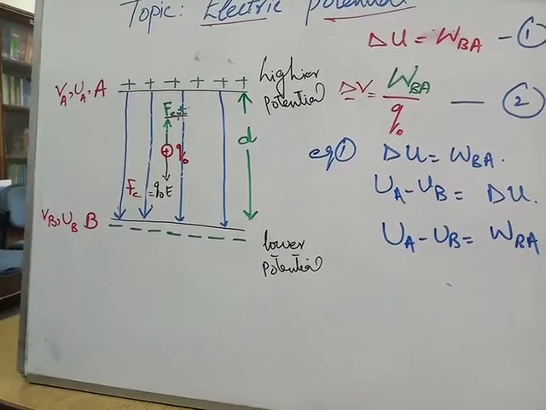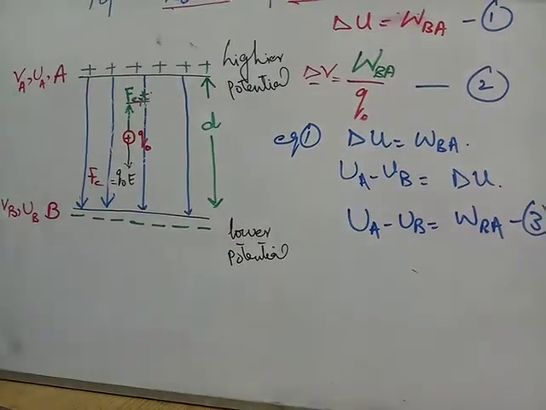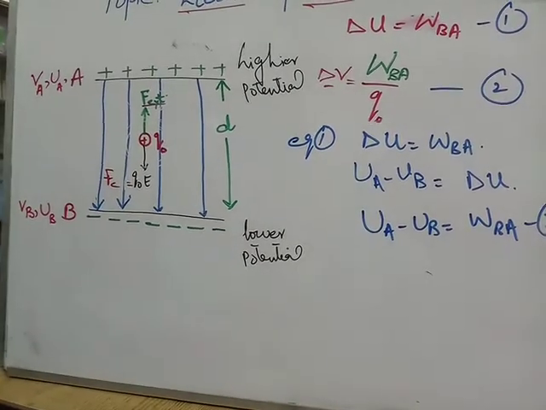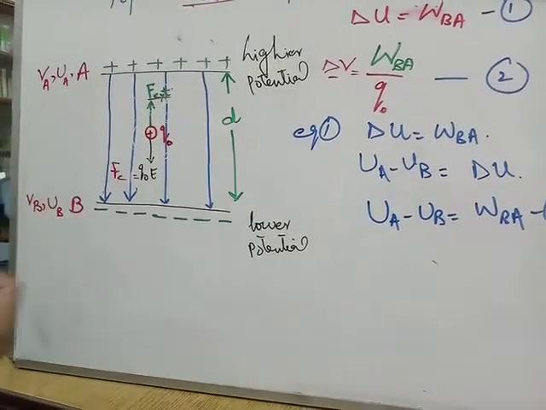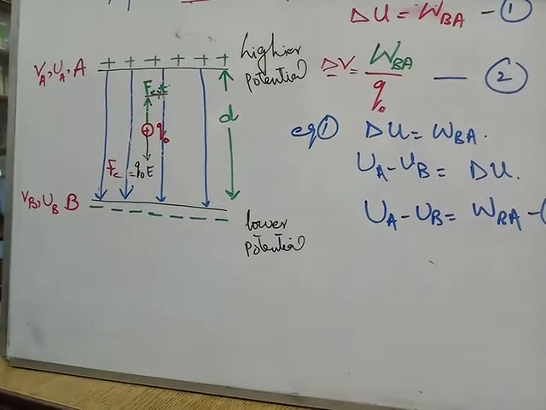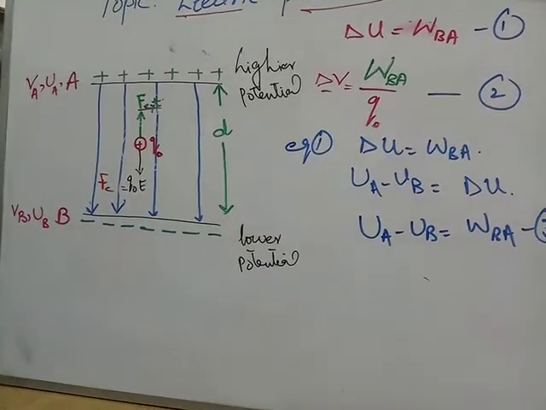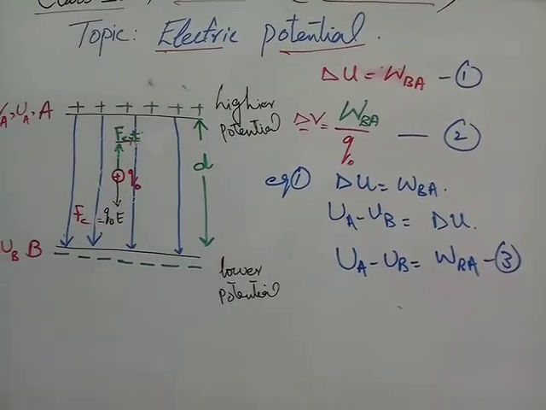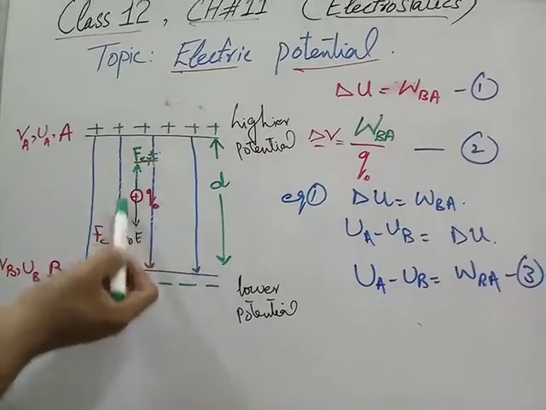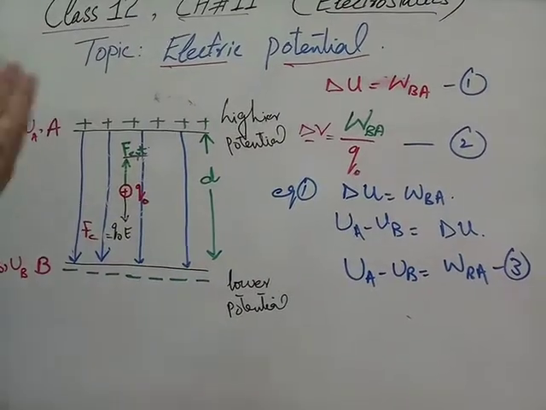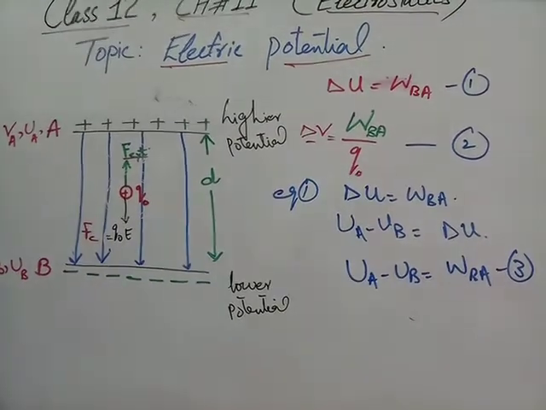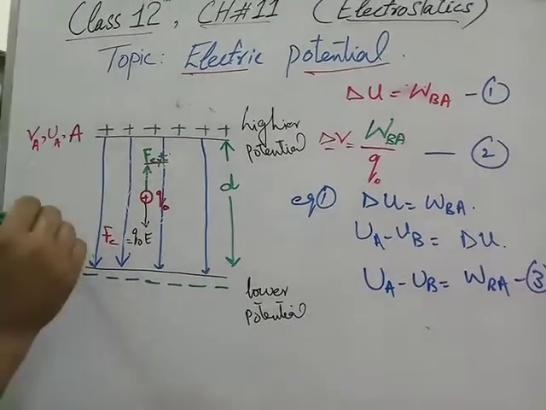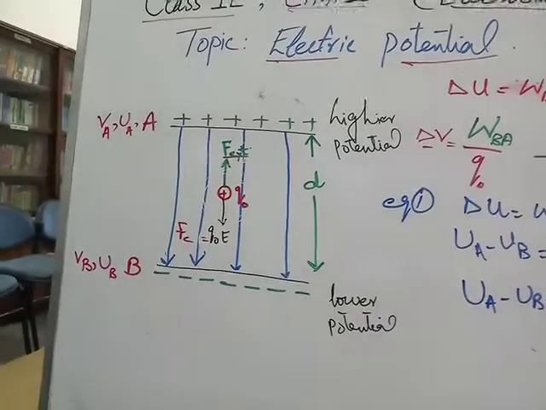So if this charge is released from A, it will move from A to B and will gain an equivalent amount of kinetic energy. So this charge will move with some velocity, some speed. When it moves from A to B, it acquires some kinetic energy.